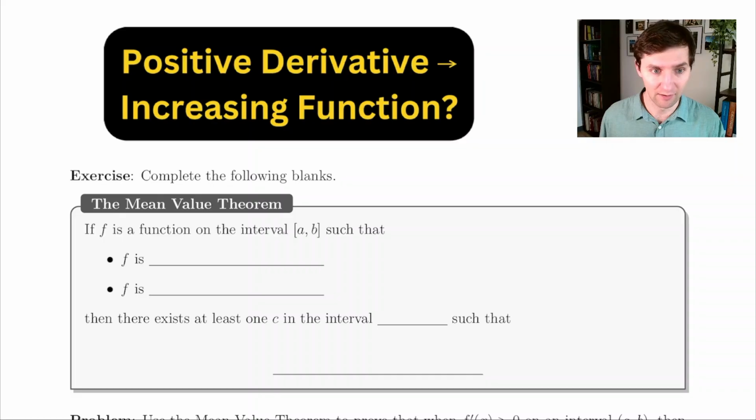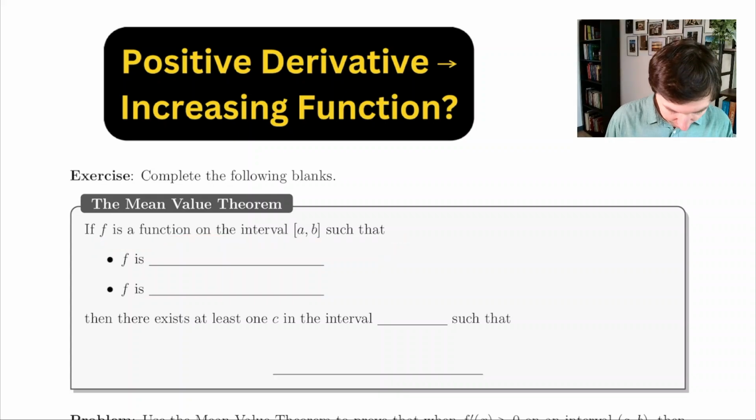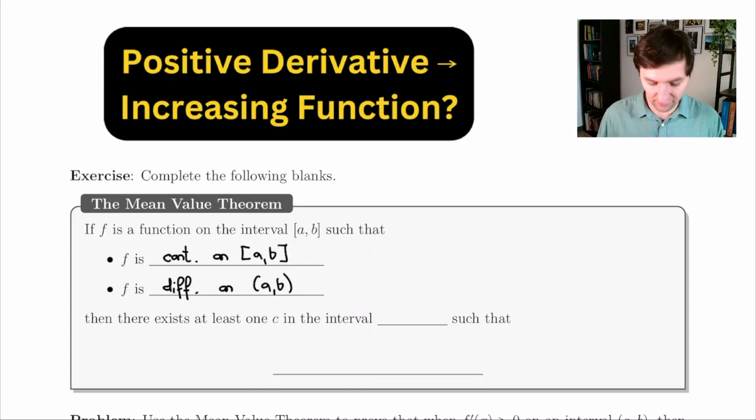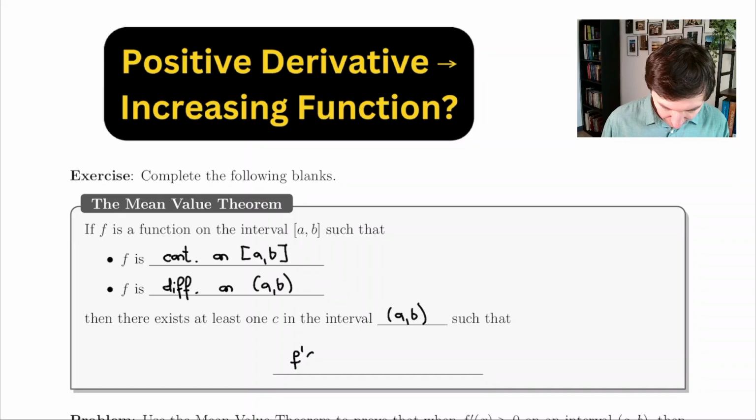The mean value theorem says that if f is a function on the interval [a, b], such that f is continuous on the interval from a to b, a and b included, and f is differentiable on the interval (a, b), a and b not included, these are the two assumptions of the mean value theorem, then there exists at least one c in the interval from a to b, a and b not included, such that the value of the derivative at that c equals (f(b) - f(a)) / (b - a).